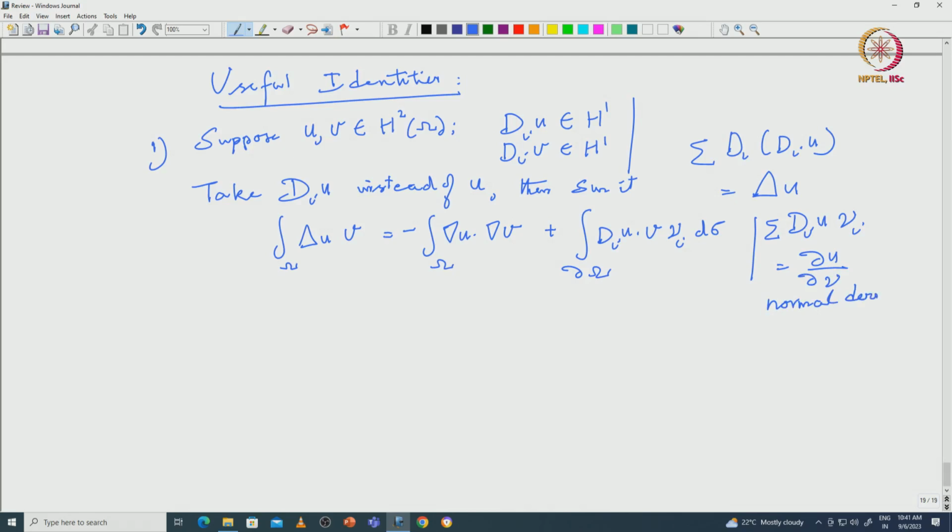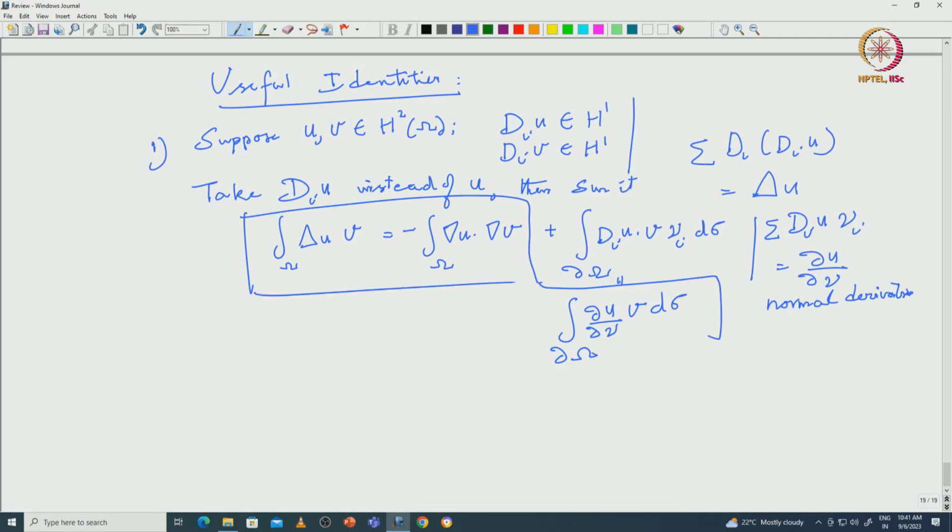So you have your formula. This is nothing but the integral of du by d nu times v d sigma over the boundary of omega. Again, remember this formula; do not even spend time to recall it, it should be there in your mind all the time.